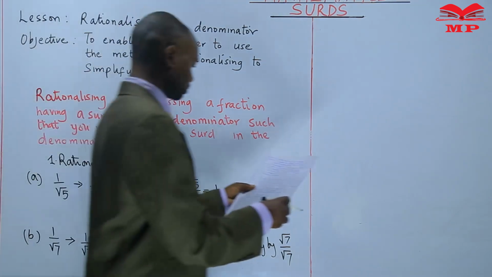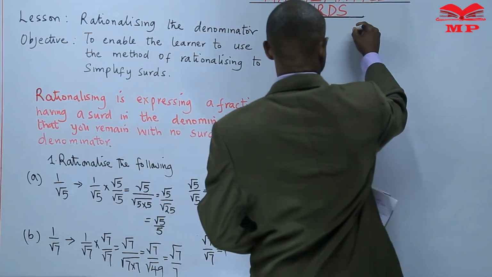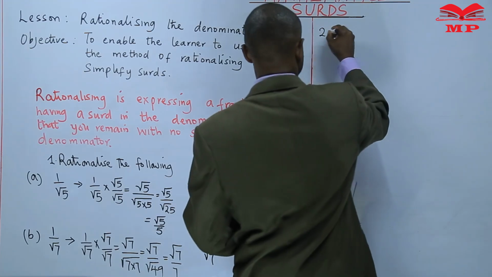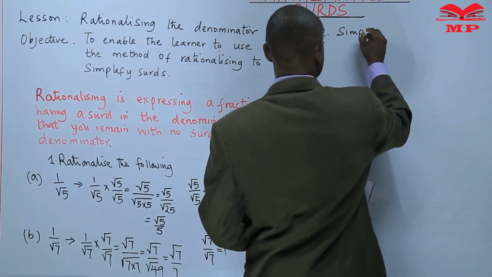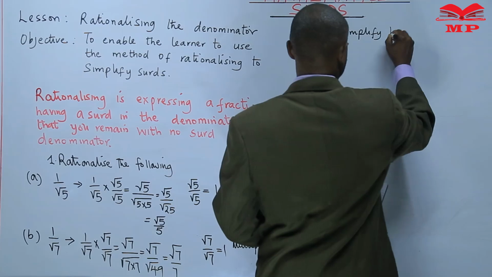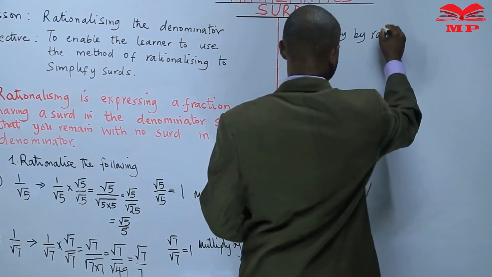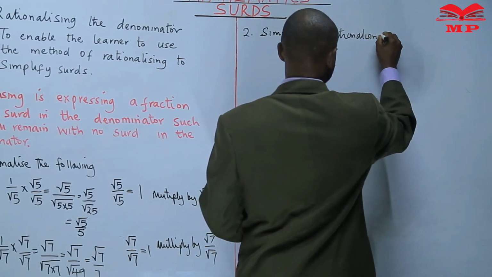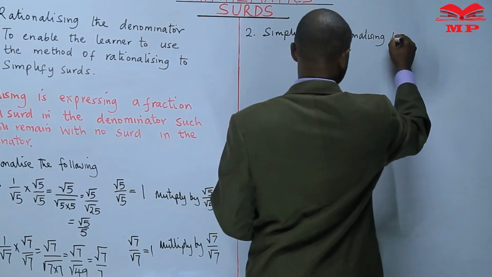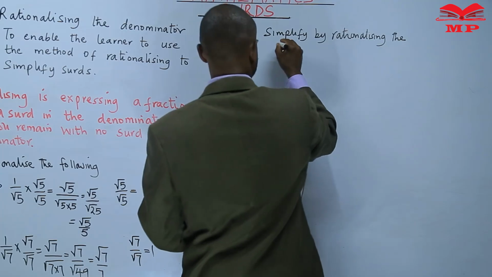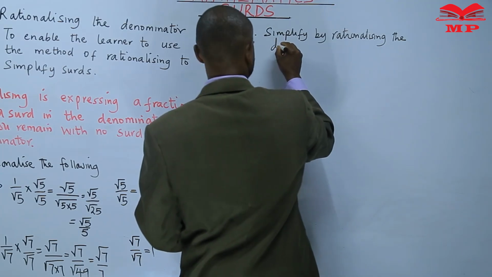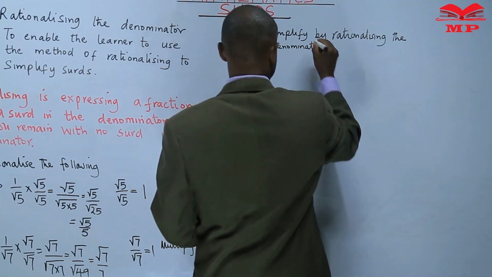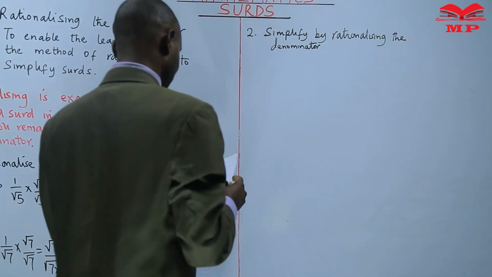In 2, you are told to simplify by rationalizing the denominator.